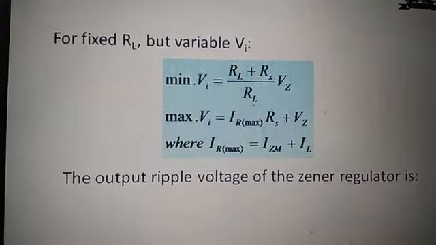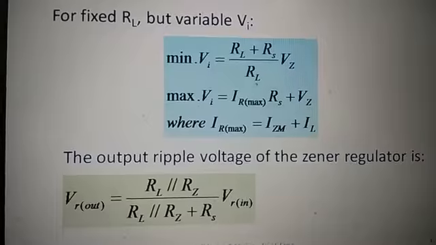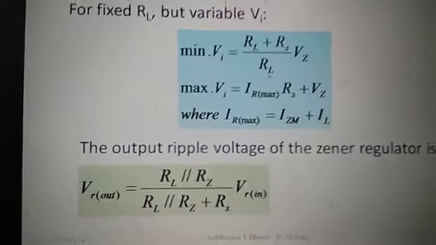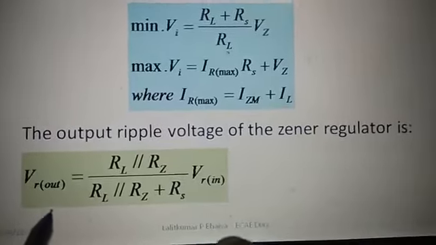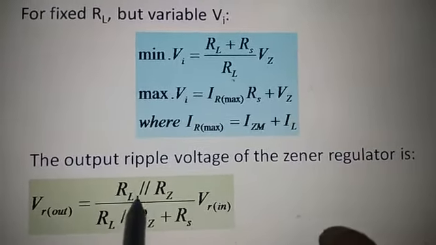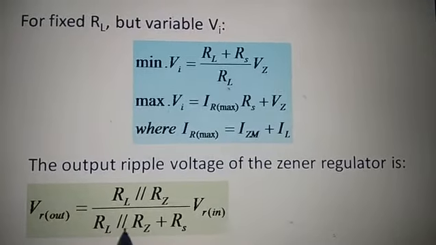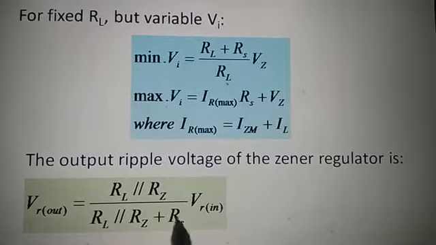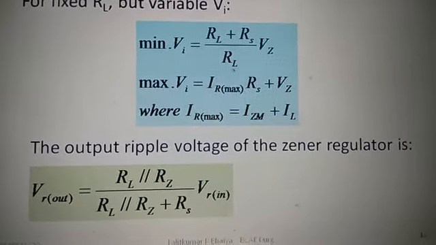and the output ripple voltage of the Zener diode. Sometimes ripples also occur at the output. This ripple can be calculated as V ripple output is equal to RL parallel to RZ upon RL parallel to RZ plus RS into V ripple input.